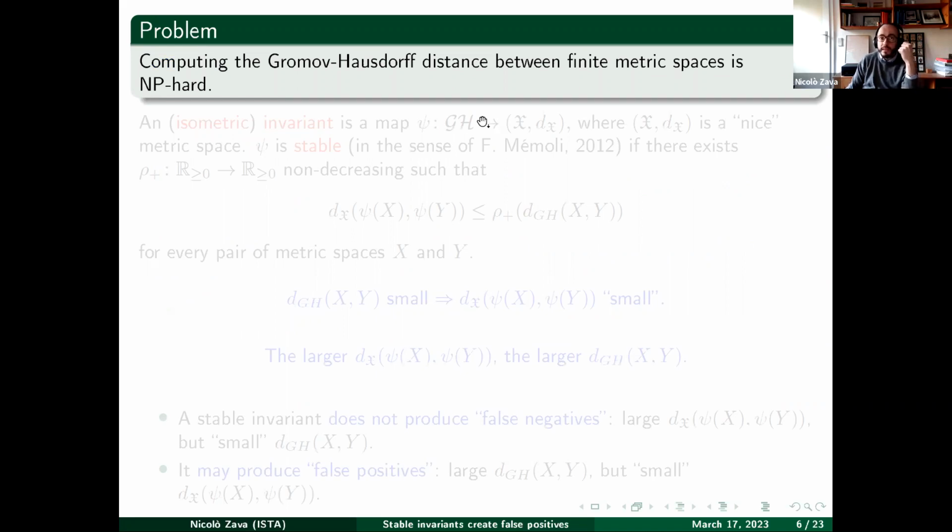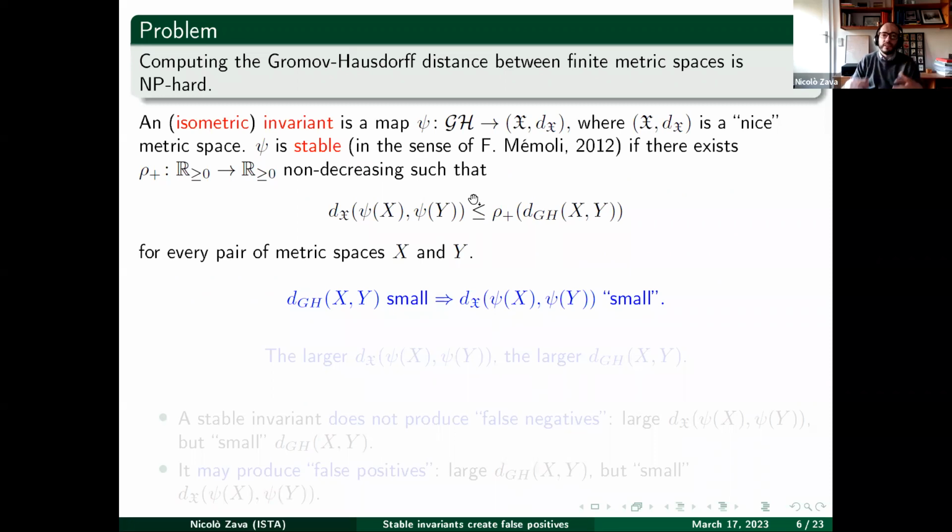A possible way to overcome this problem and to approximate this Gromov-Hausdorff distance is using invariants. So instead of considering the Gromov-Hausdorff space, we send it into some nicer metric space in which either we can perform some analysis or these invariants are easily computed.